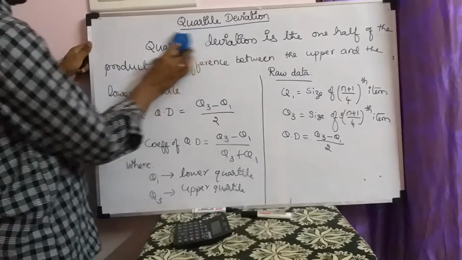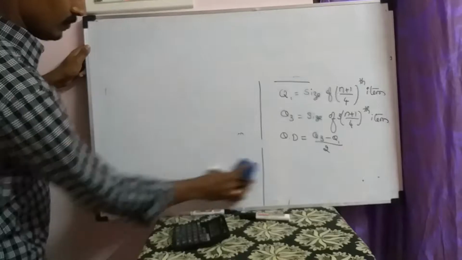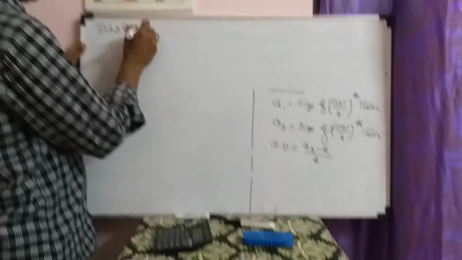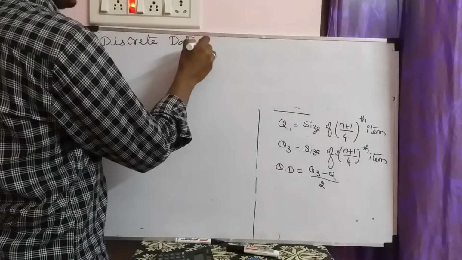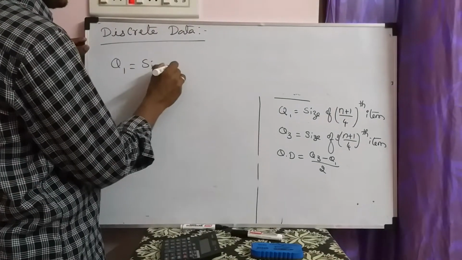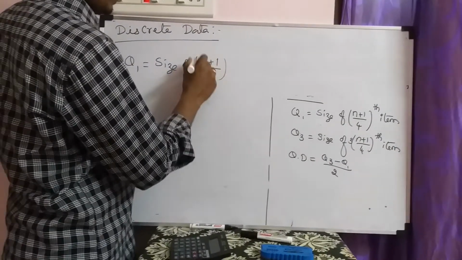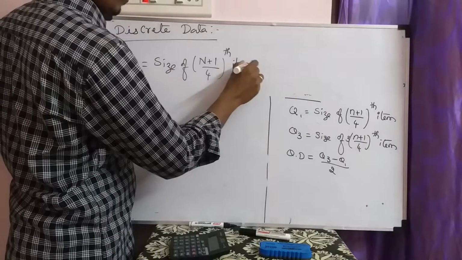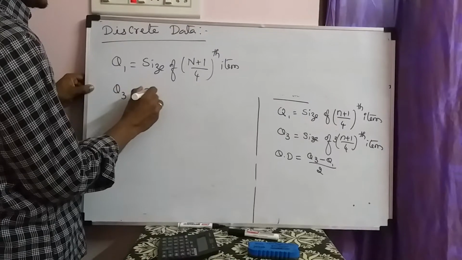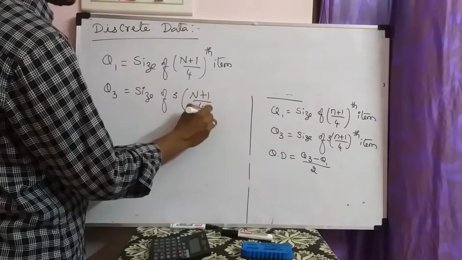Next, discrete data. In discrete data, Q1 is the size of (N plus 1) divided by 4th item, and Q3 is the size of 3 into (N plus 1) divided by 4th item.